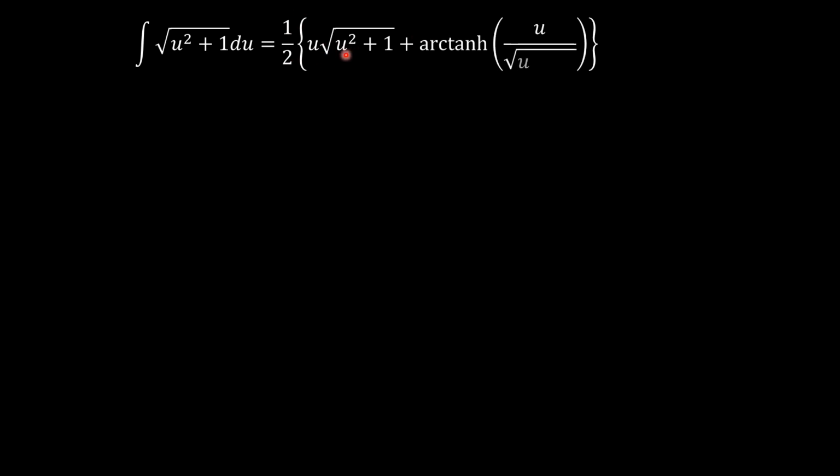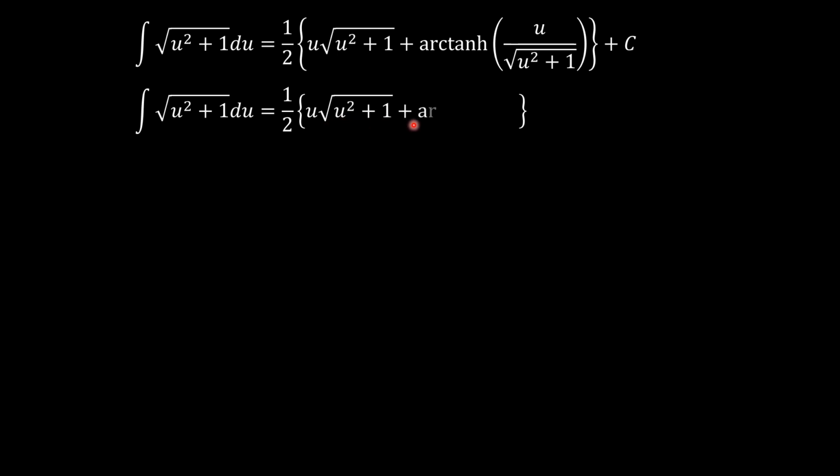And for those of us who have the results of this in memory, this is the same as half times u times square root of u squared plus 1 plus the arc hyperbolic sine of u, or another way is just the same as half u times square root of u squared plus 1 plus arc hyperbolic sine of u.